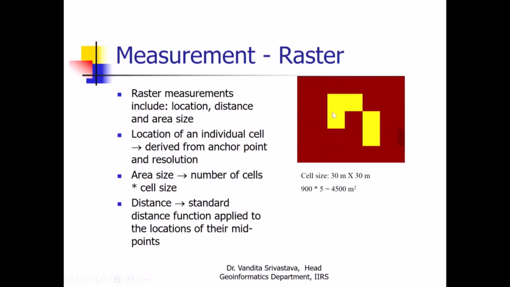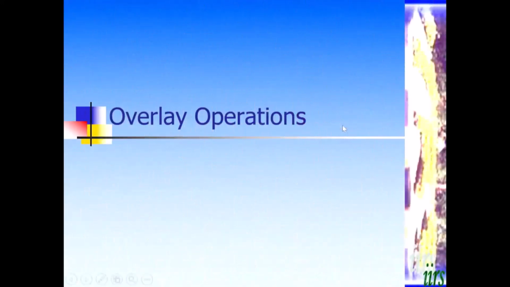Distances, I said you can use the Pythagoras theorem, or for the diagonal cells, the straight distances work for the orthogonal cells, and area is calculated in this manner. Pythagoras can be used for the distances. So that is how you make calculations on rasters for making measurements.